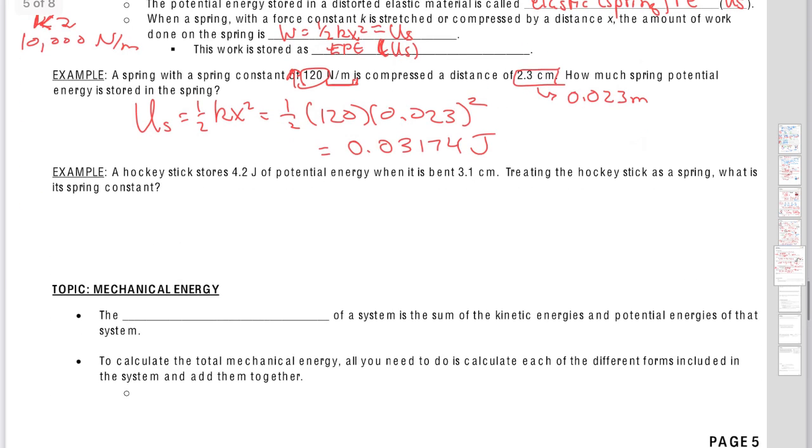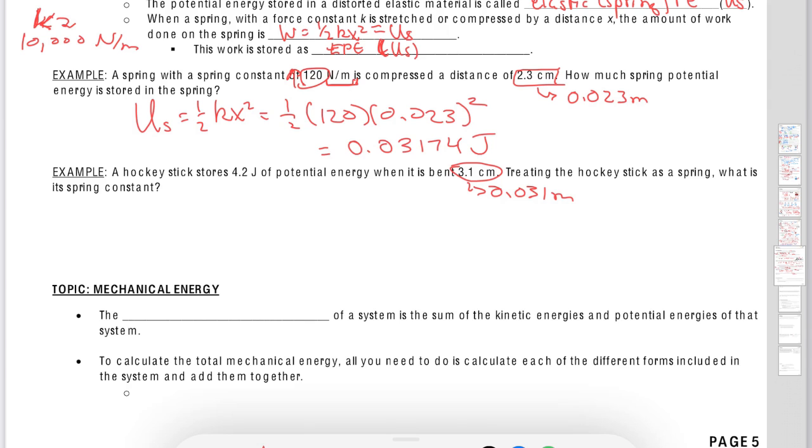The next question talks about hockey sticks. I had to put this question on here because, growing up, I played hockey. If you watch NHL games or college hockey, you see that the sticks do bend quite a bit. A hockey stick stores 4.2 joules of potential energy when it is bent 3.1 centimeters. Again, this needs to be converted to meters.